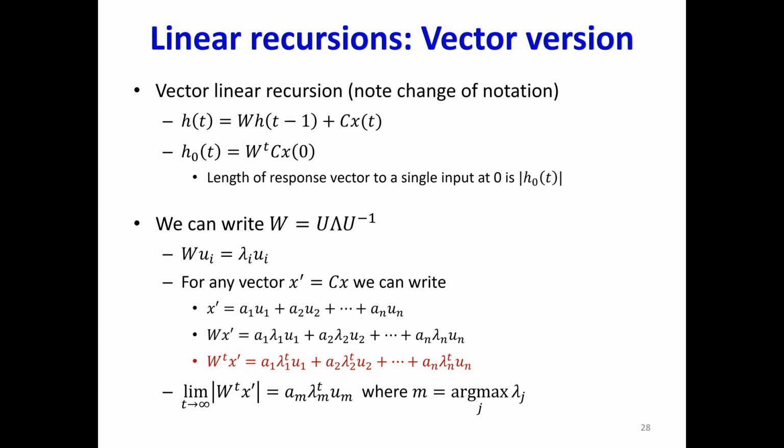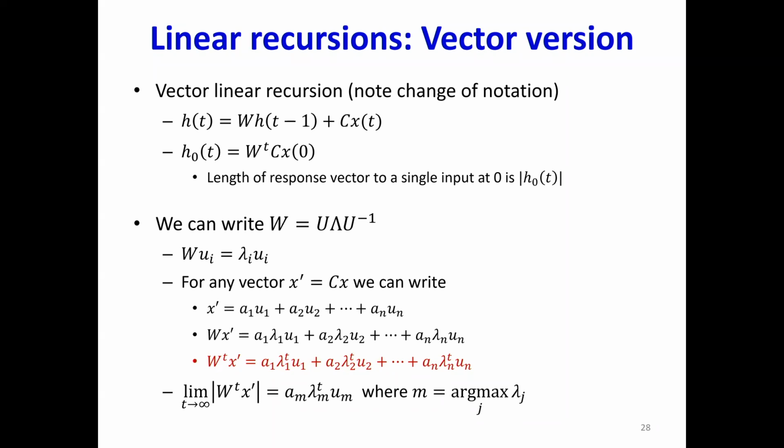You with me? What is this term? What is that? Lambda 1, right? So this is going to be a1 times lambda 1 times u1 plus a2 times lambda 2 times u2 plus a3 times lambda 3 times u3, and so on. If I multiply this again by W, what will happen?